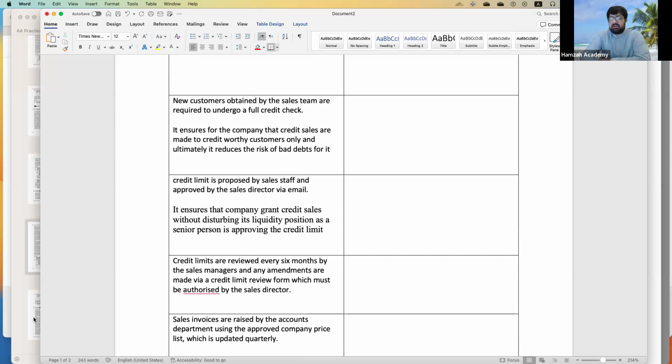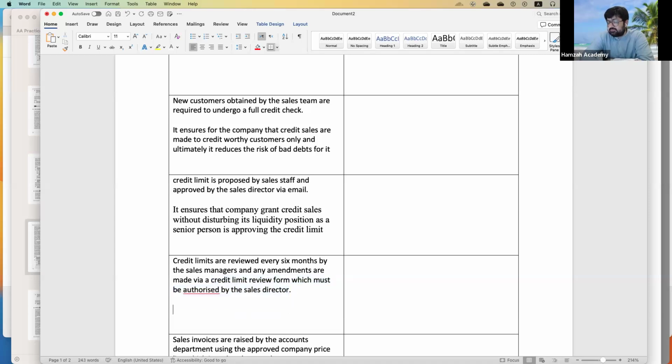Now, the next is credit limits are reviewed every 6 months by manager, and amendments are made via a credit limit review form, which is authorized by sales director.